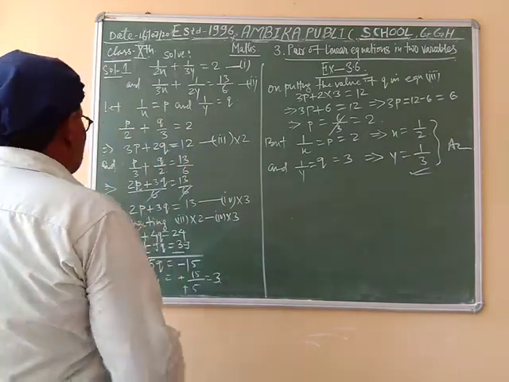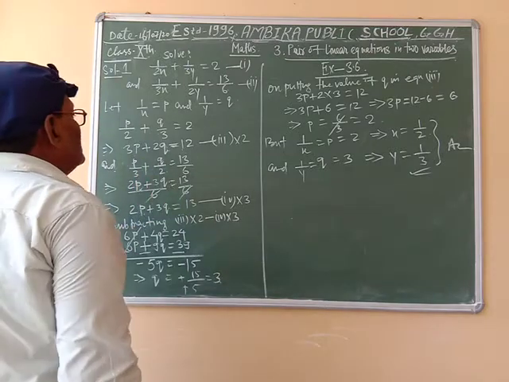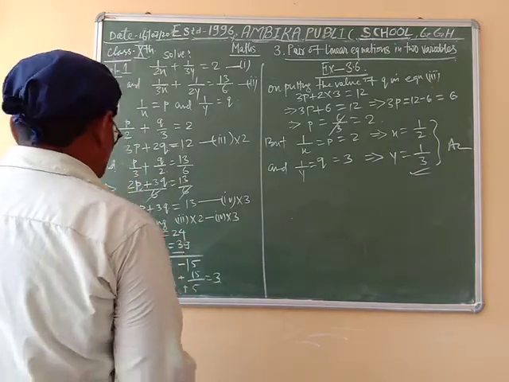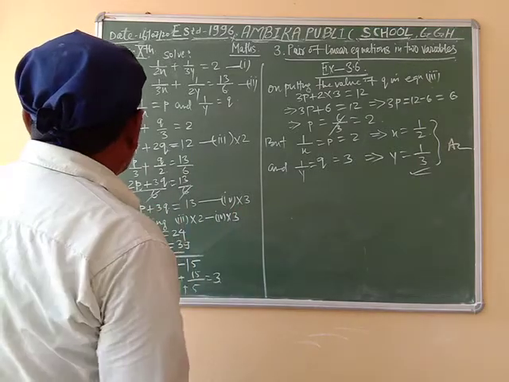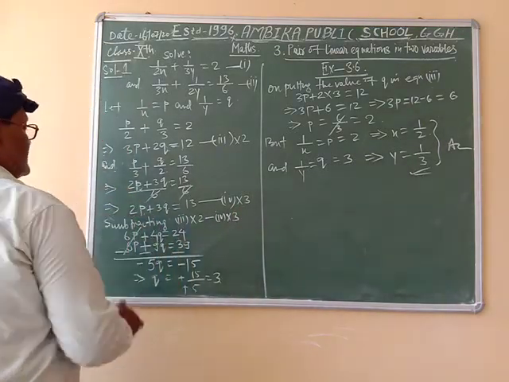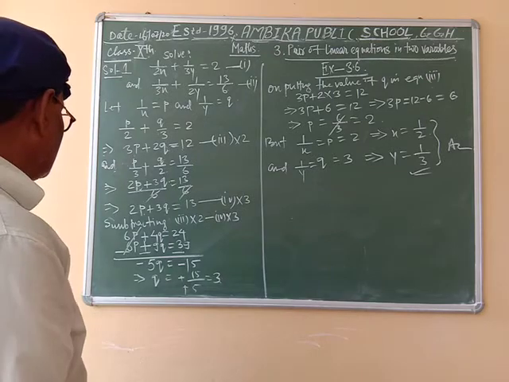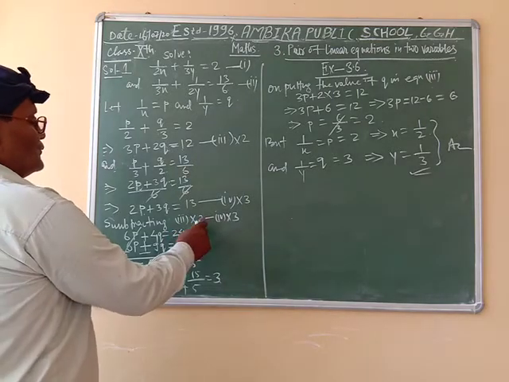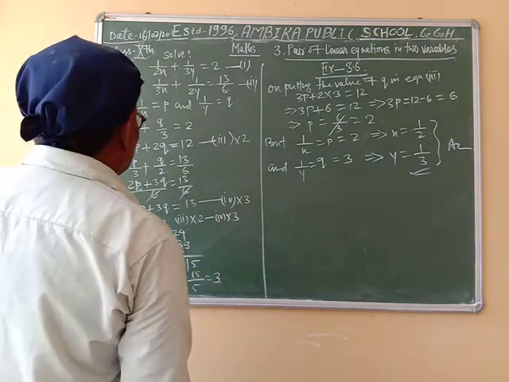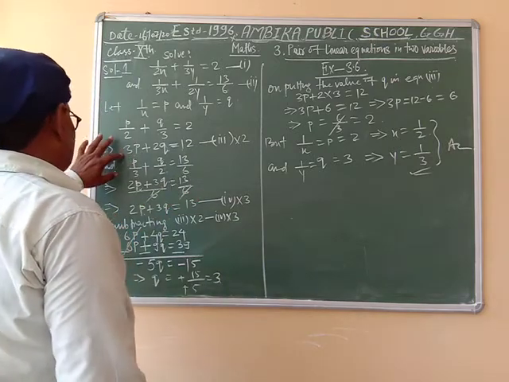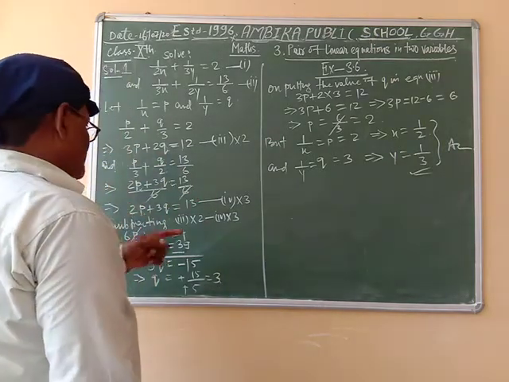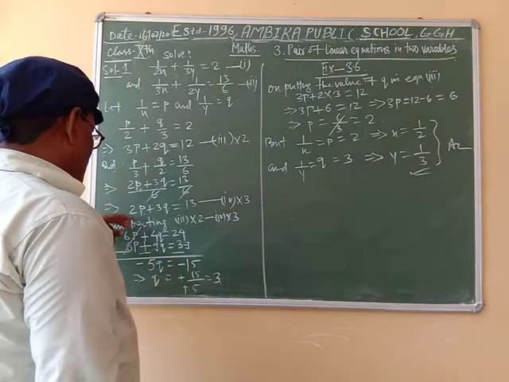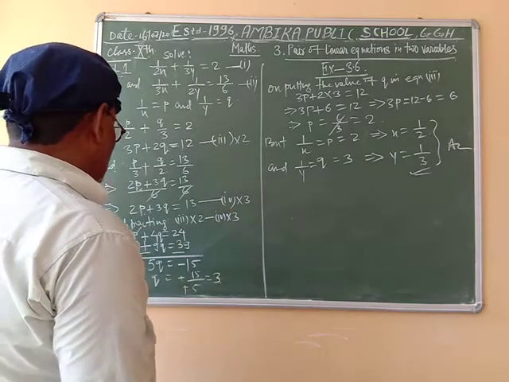And the second equation is p by 3 plus q by 2 is equal to 13 by 6, solving, 2p plus 3q equals 13. Now we use the elimination method. Multiplying by 2, we have 6p plus 4q equals 24, and multiplying by 3, 6p plus 9q is equal to 39.